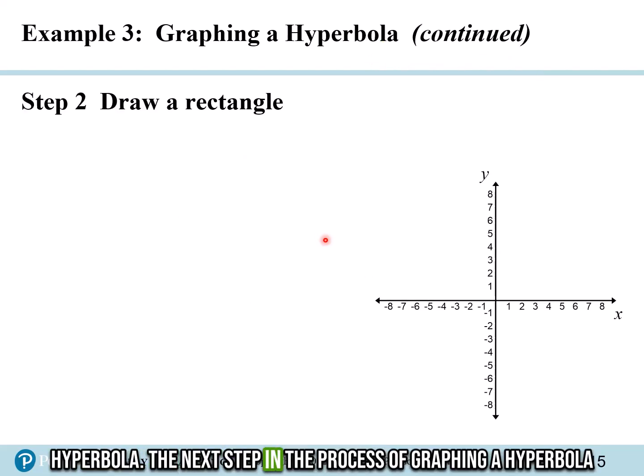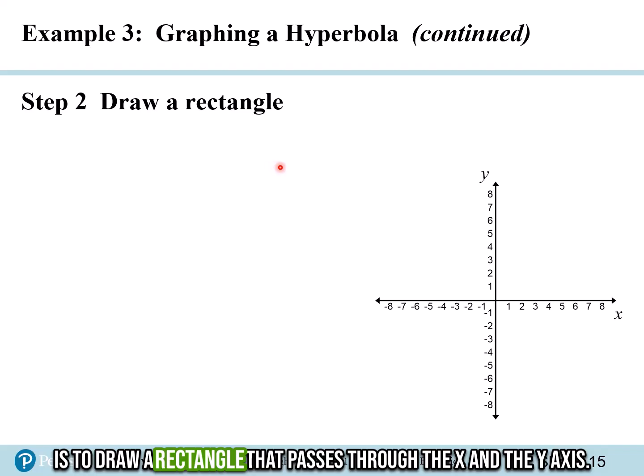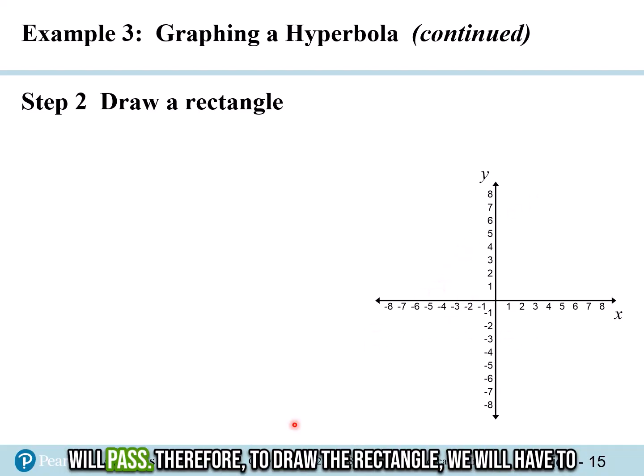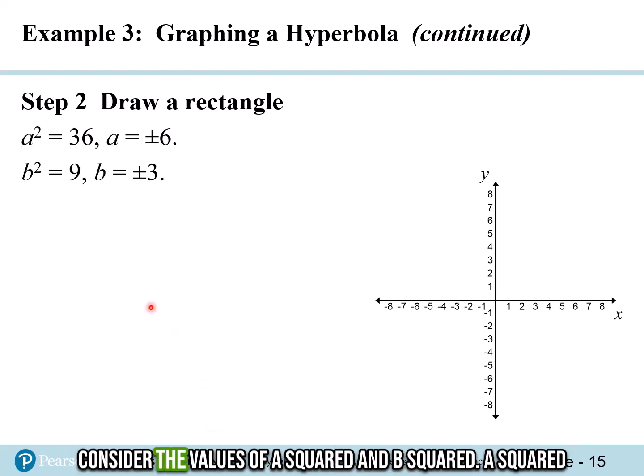The next step in the process of graphing a hyperbola is to draw a rectangle that passes through the x and the y axis, and that provides a framework through which the asymptotes will pass. Therefore, to draw the rectangle, we will have to consider the values of a squared and b squared.